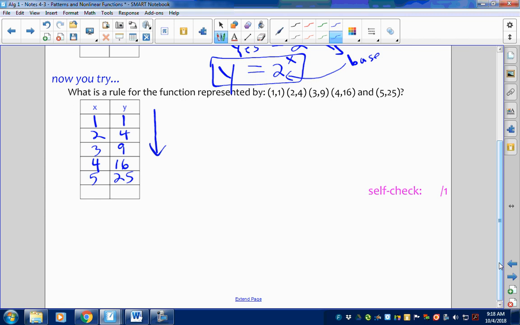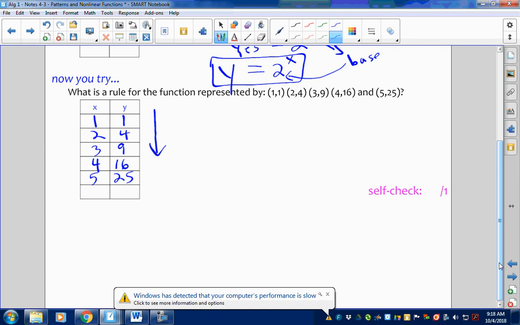Not quite all the way down, because if I multiply 4 times 4, I get 16. But that's like it skips to get there. Special numbers. One is 1 squared. 4 is 2 squared. 9 is 3 squared.